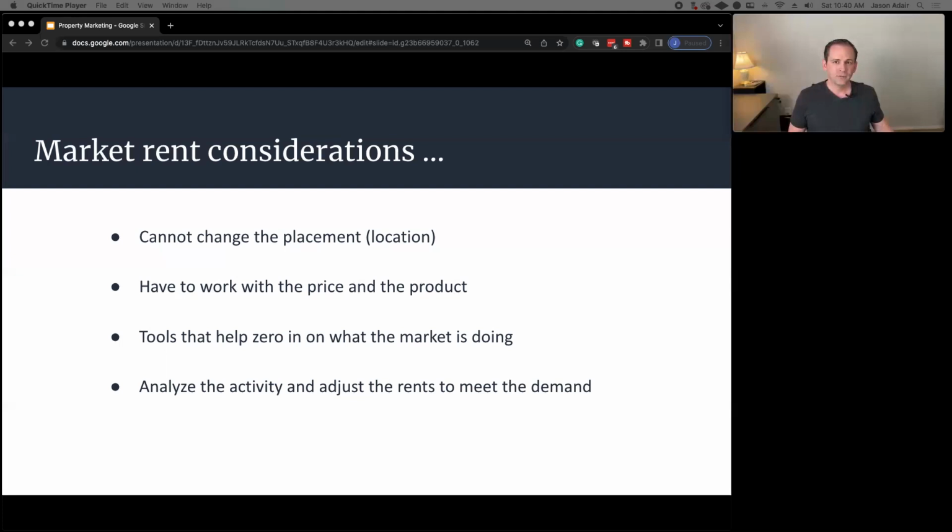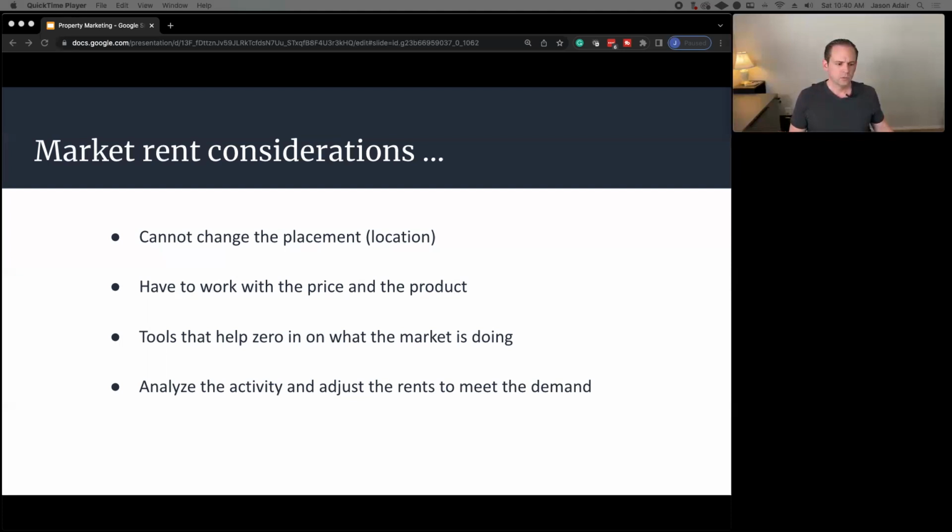If it gets you an extra $100 a month, okay, fine, take that $10,000, divide it by the 100, and figure out how many months it's going to take for you to get that money back. And if it's 4 years, it may not be worth it. If it's 6 months or 8 months or maybe a year, maybe it is worth it at that point in time. But that's the cost benefit analysis you have to do there.